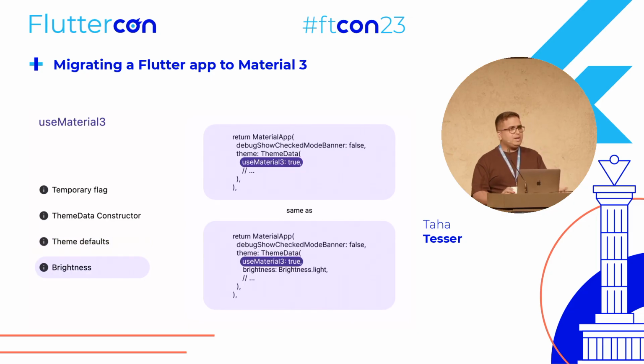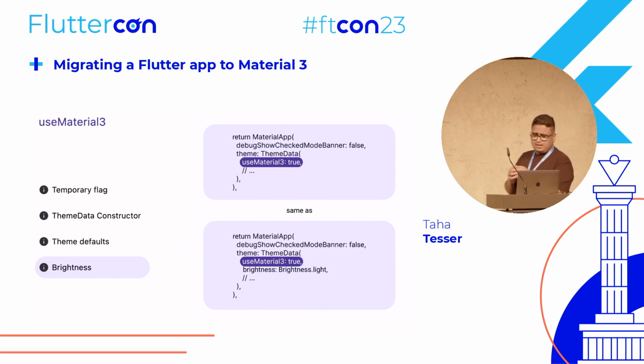And when you enable Material 3, you're enabling it in the theme data, which is just an object, right? Here in the screenshot, you can see it's using theme data, which is a light theme technically, but you can also set brightness to dark if you have just dark mode in your app. If you don't set any brightness, it will create a light theme, which makes sense.